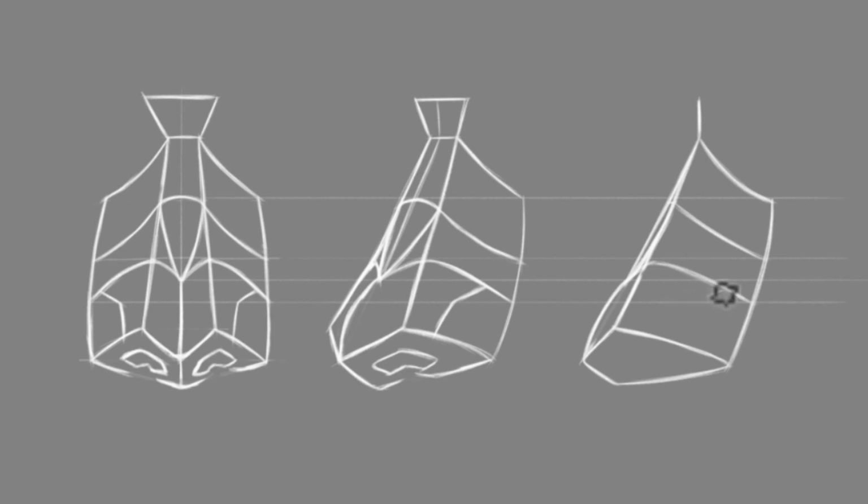Next, we'll separate the wings from the alar cartilage. And lastly, we'll sketch in the openings of the nostril. Again, notice how the bottom of the nose curls up and in.